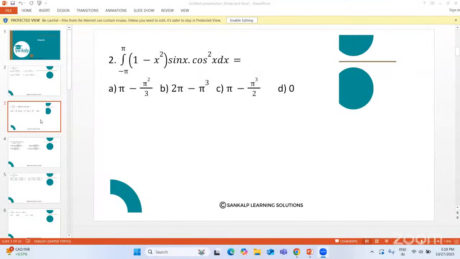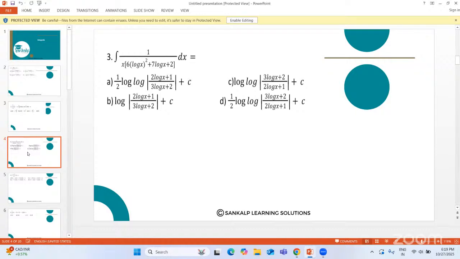Question number 3. Note it down. It is the integration of 1 upon x into 6 (log x) square plus 7 log x plus 2, dx. What is it?